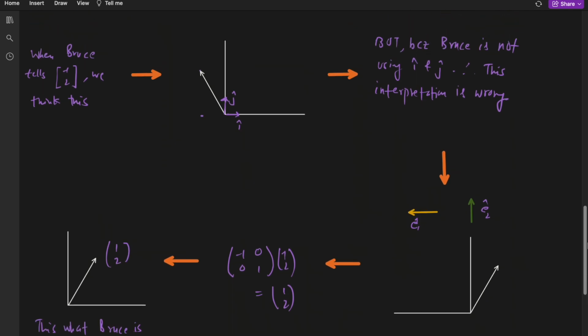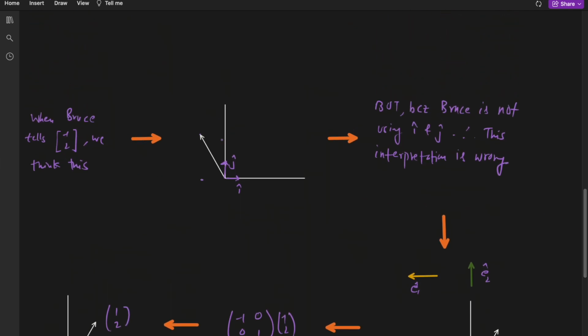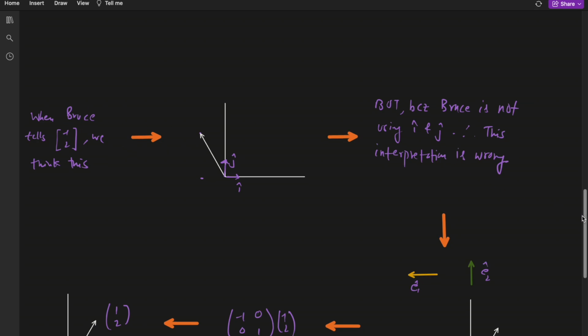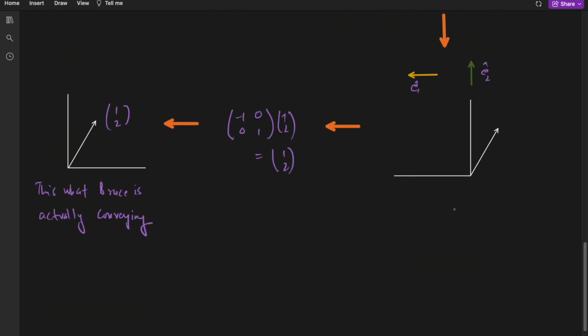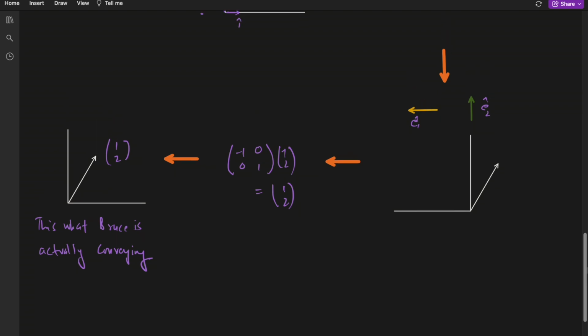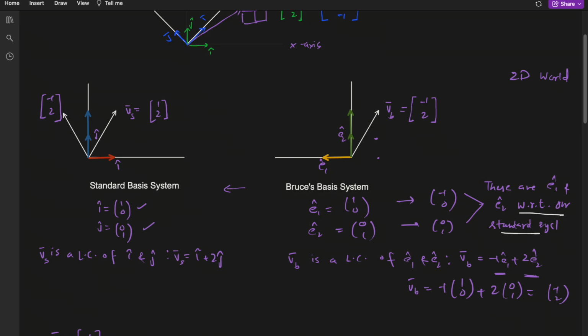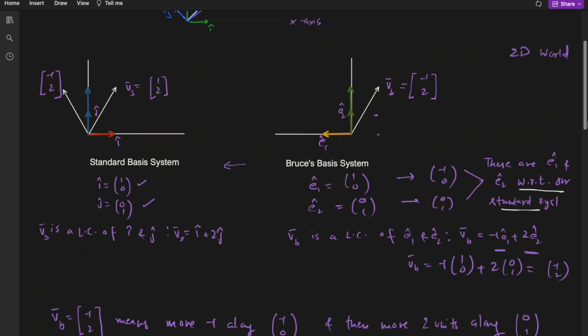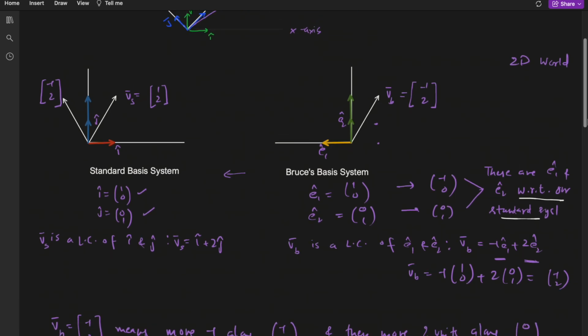So we can see how we need to translate a vector from Bruce's system to our system. Okay, what if we need to do the inverse? Let us suppose I am trying to send a message to Bruce that the next target location is somewhere here or something else. Because our systems are different, when Bruce decodes my message, he also needs to convert it.